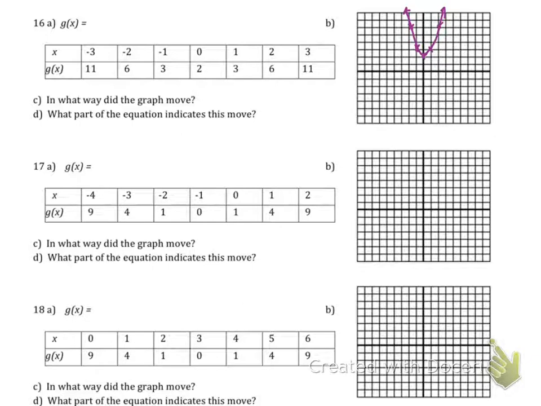So I've got my graph created based on the table that I have, and I can say, in what way did the graph move? The graph moved up 2 units. What part of the equation indicates this move? So now I need to go back and create this equation.